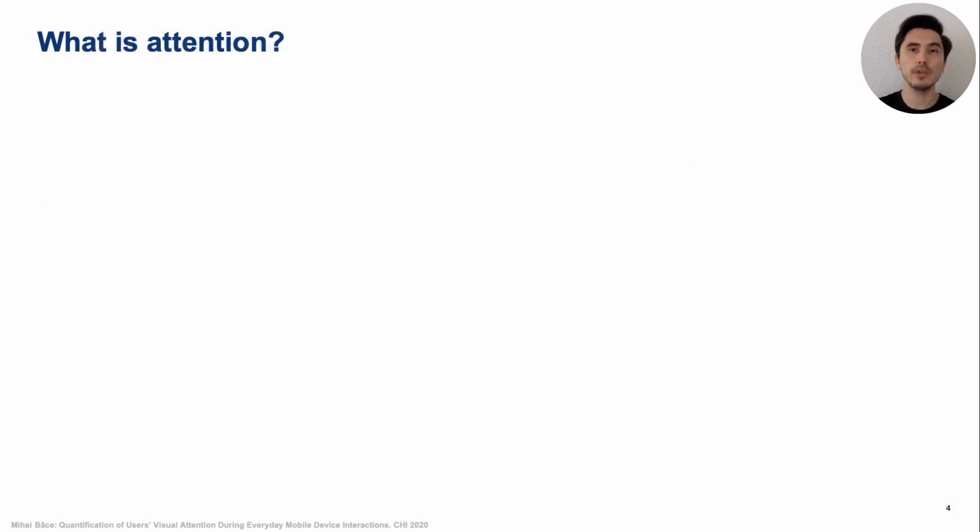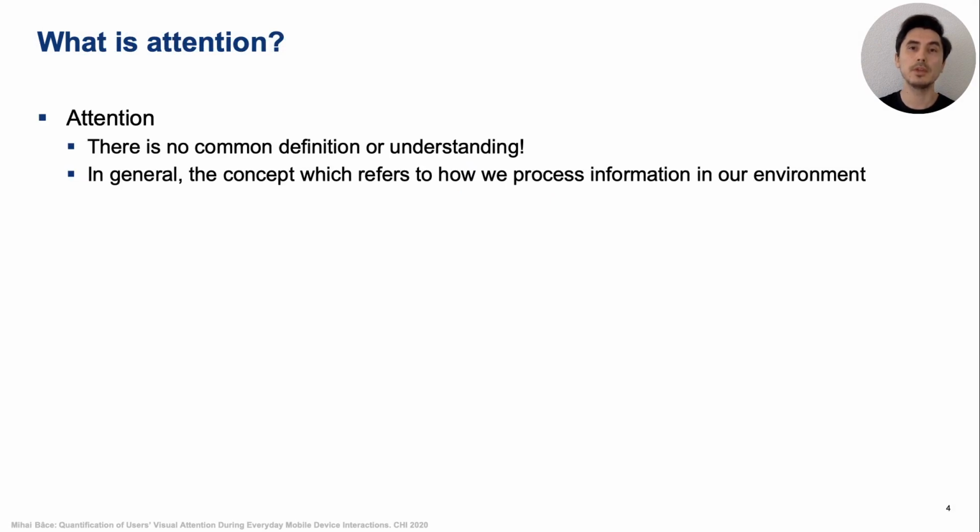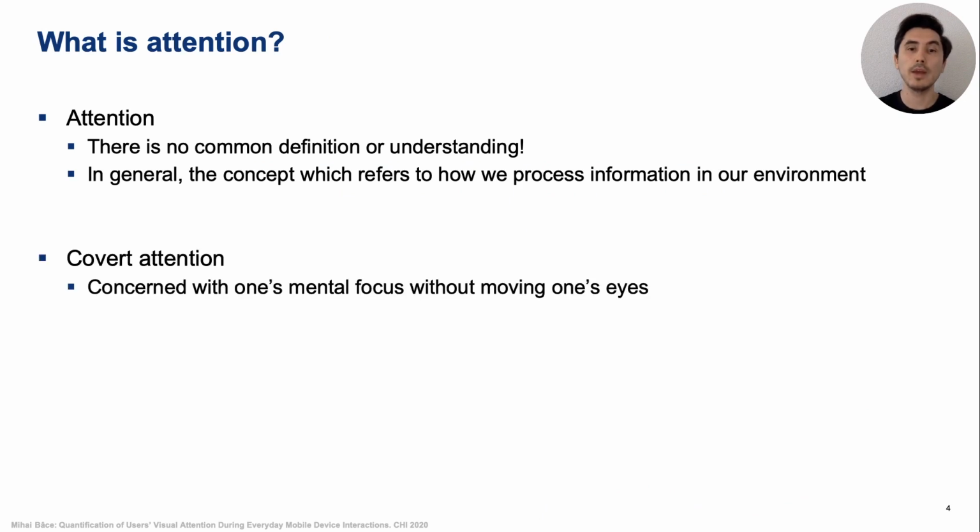We talk about attention, but what is it? It turns out there is no common definition or understanding of attention. In general, it defines how we process information in our environment. A widely accepted characterization of attention distinguishes between covert and overt attention.